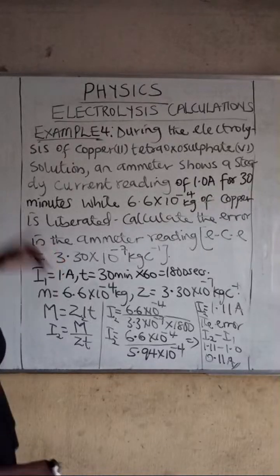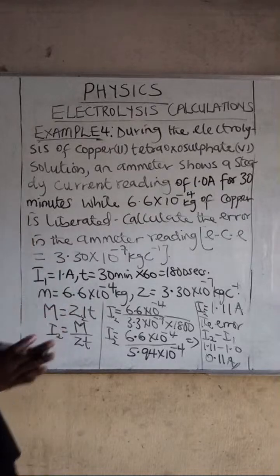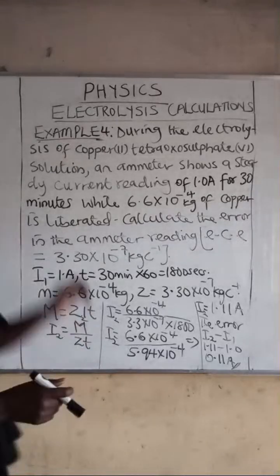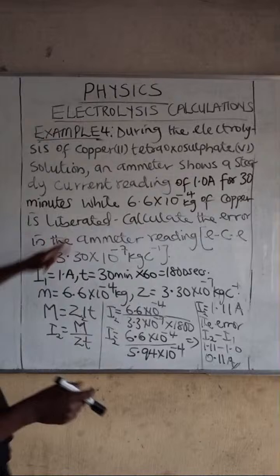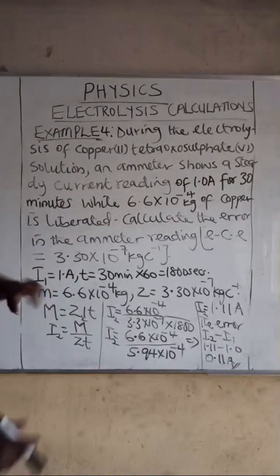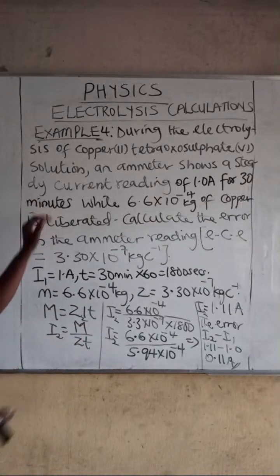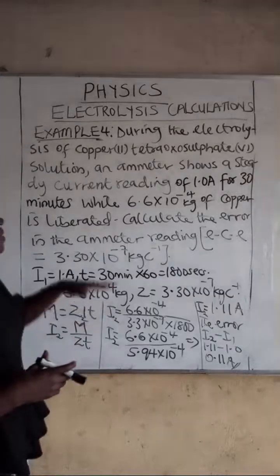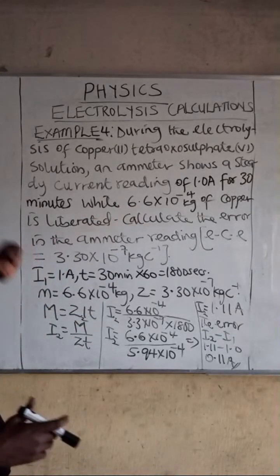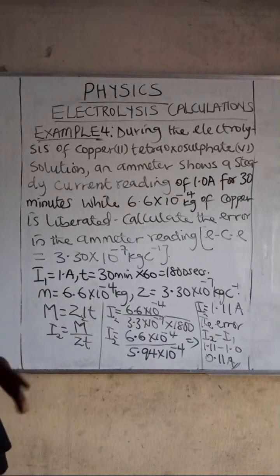During the electrolysis of copper 2 tetraoxosulfate 6 solution, an ammeter shows a steady current reading of 1.0 amperes for 30 minutes, while 6.6 times 10 to the minus 4 kilogram of copper is liberated.